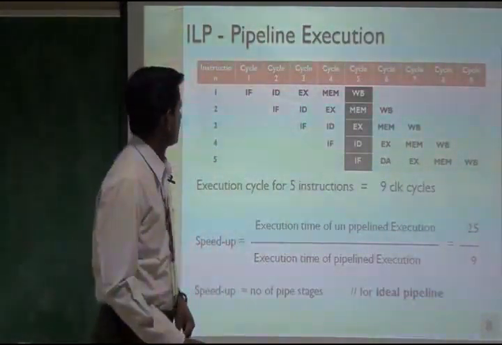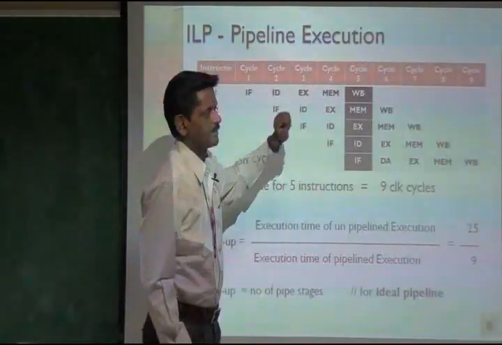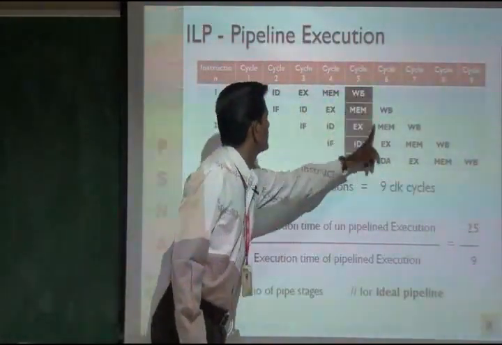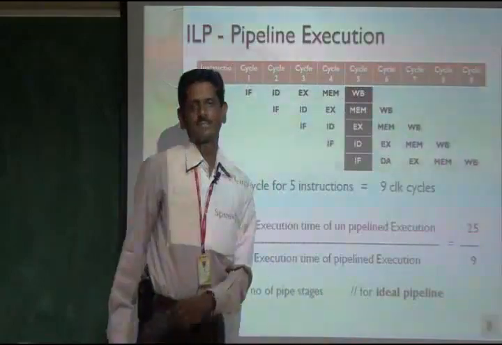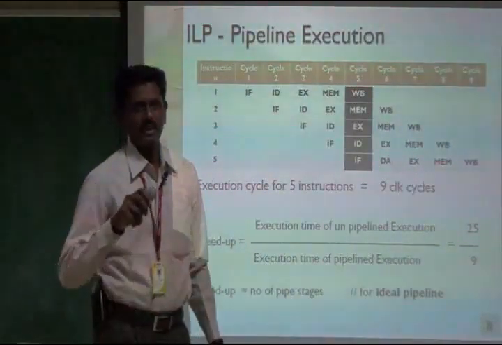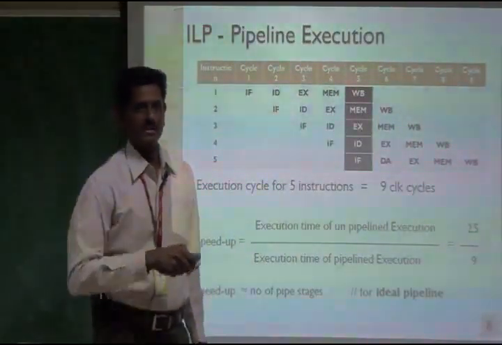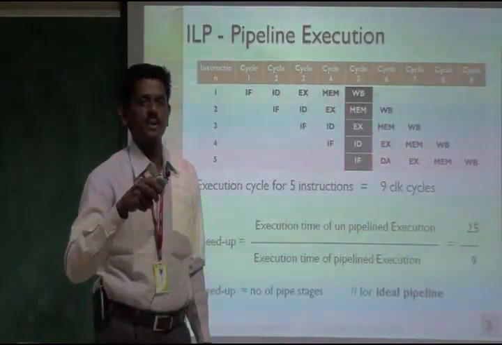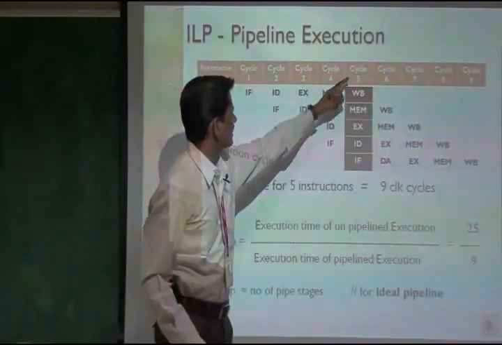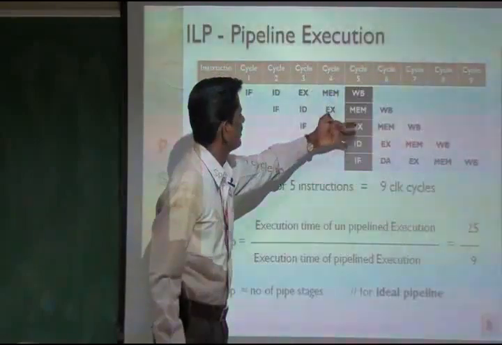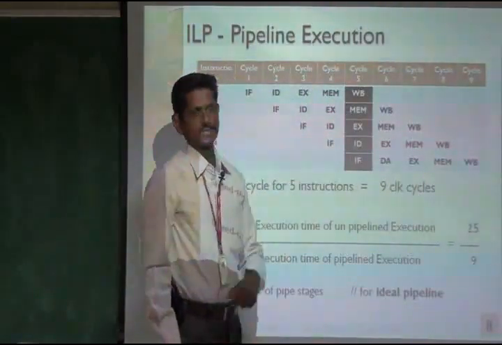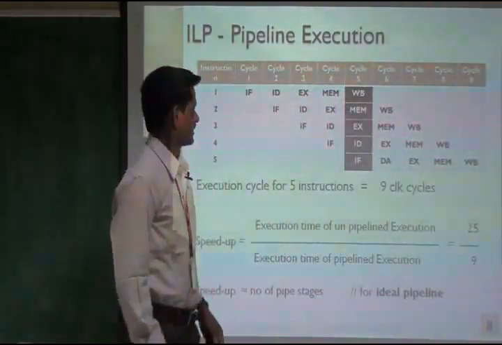Anyway, here in clock cycle 5, 5 instructions are executed. That is ILP, instruction level parallelism, that is simultaneous execution of instructions. So in clock cycle 5, 5 instructions are executed simultaneously, right?